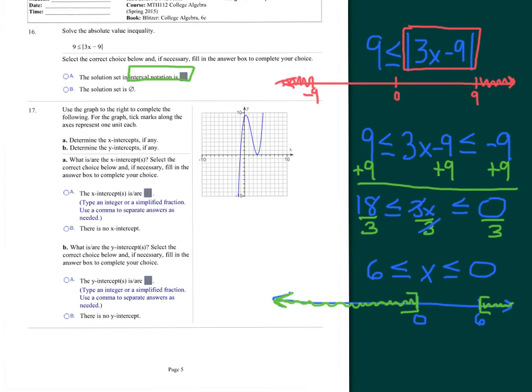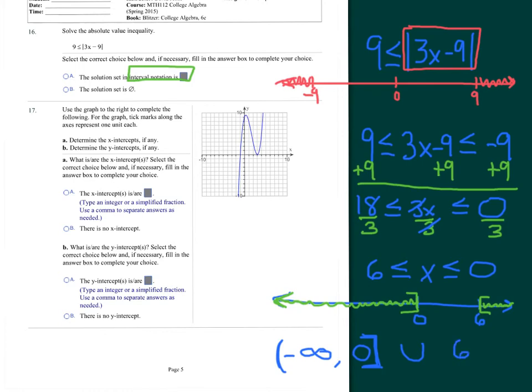So the interval notation here goes from negative infinity, and we always use a parenthesis at negative infinity, or positive infinity even, all the way up to 0, and we use a bracket there. Okay? And then we're going to combine this set with the other set, 6 to all the way up to positive infinity.